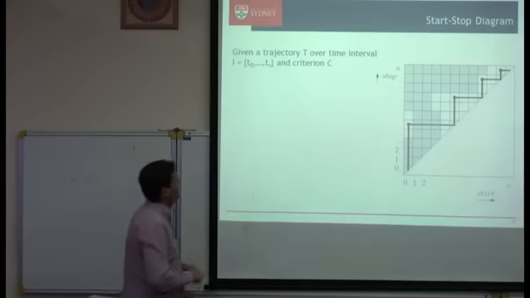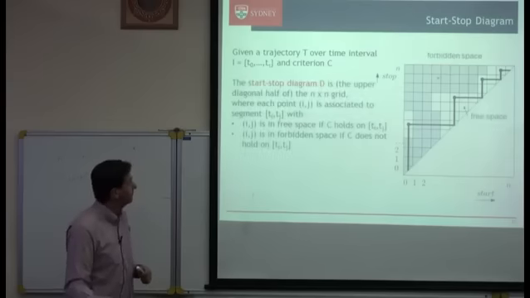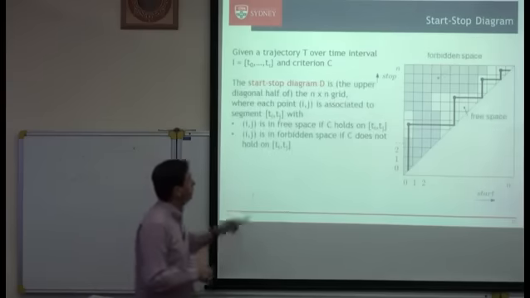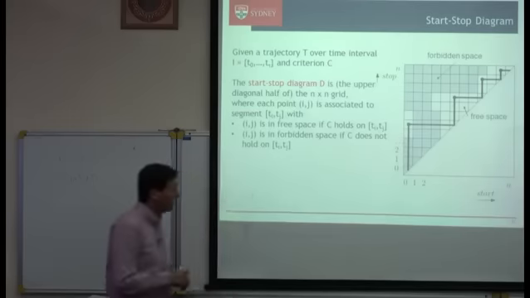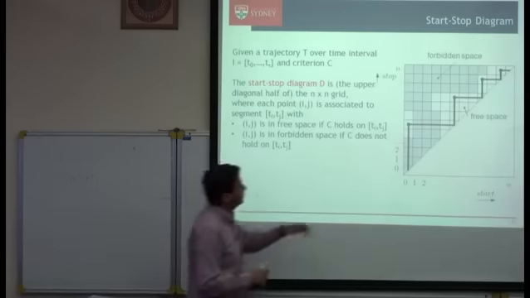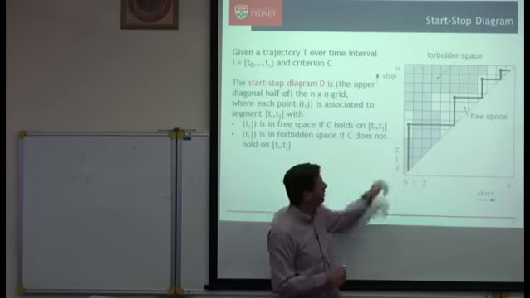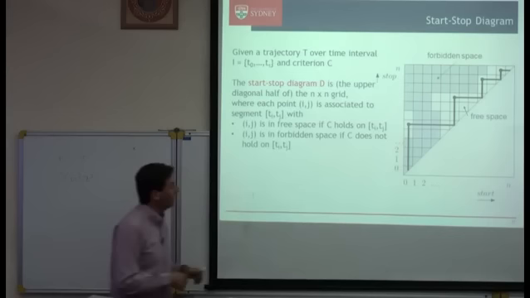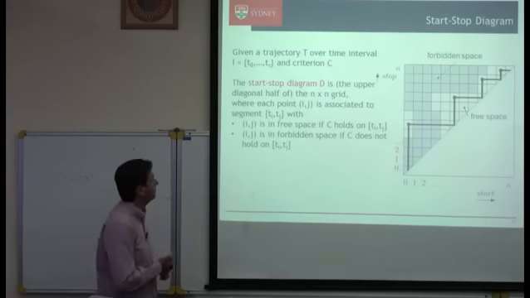We're given a trajectory T over time and a criterion C. The start-stop diagram is the top left triangle bounded by the diagonal of this n by n matrix.